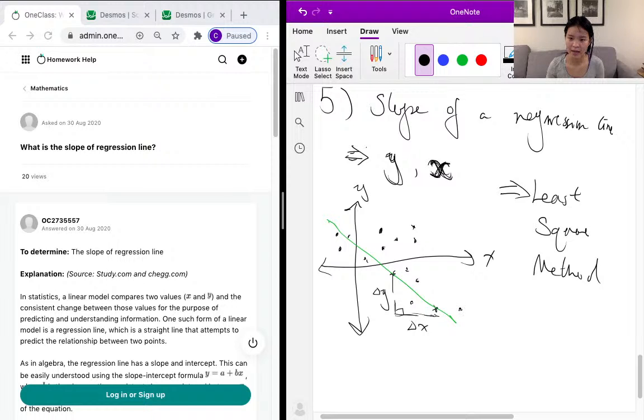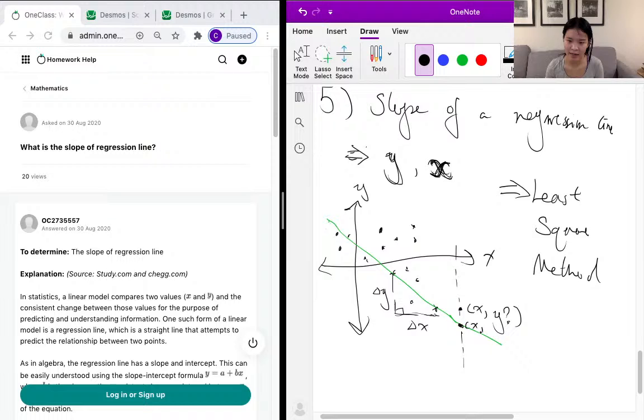For example, if we have some new data point over here, and we know the value of x of this data point, but we don't know the value of y, and want to find it, so y question mark, we know x. What we're going to do is use this regression line we found, and try to get the value of y on this regression line at the same value of x.